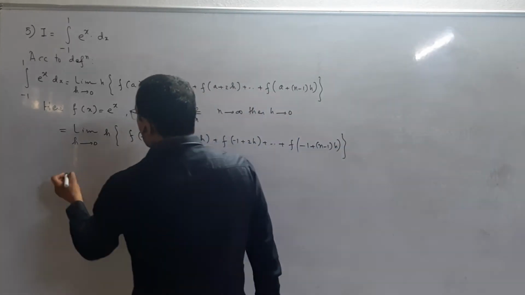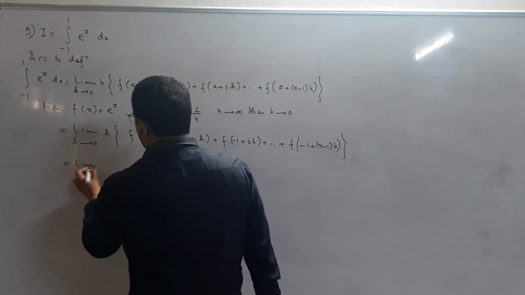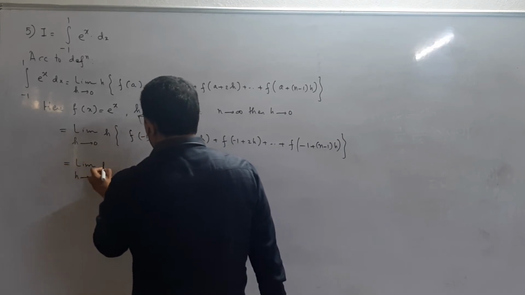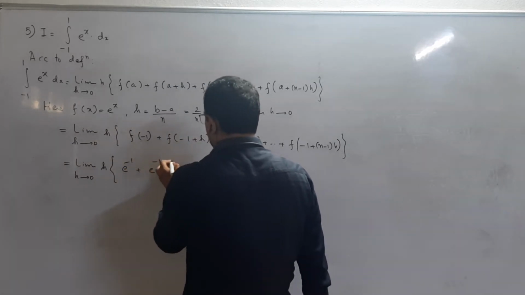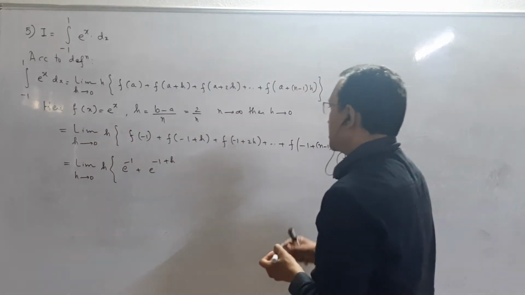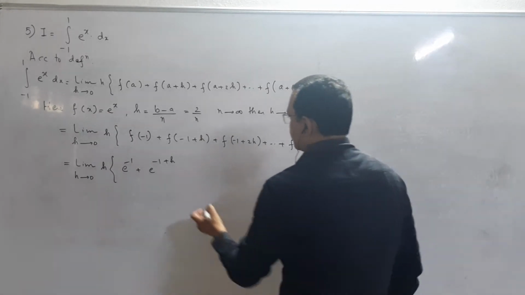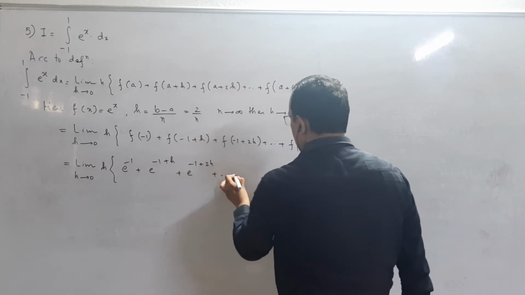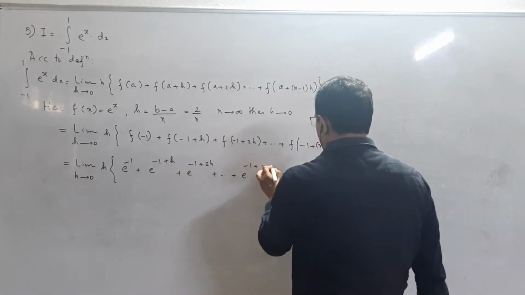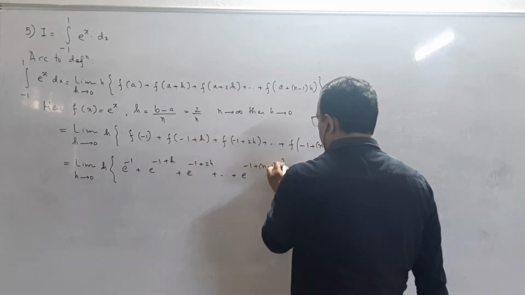Now, f of minus 1, so limit h tends to 0, h into this is e inverse, this is e inverse plus, means e raised to minus 1 plus h, e raised to minus 1 plus twice h, up to e raised to minus 1 plus n minus 1 h.